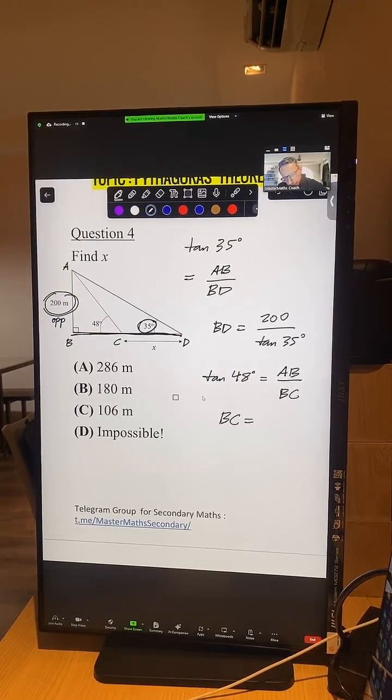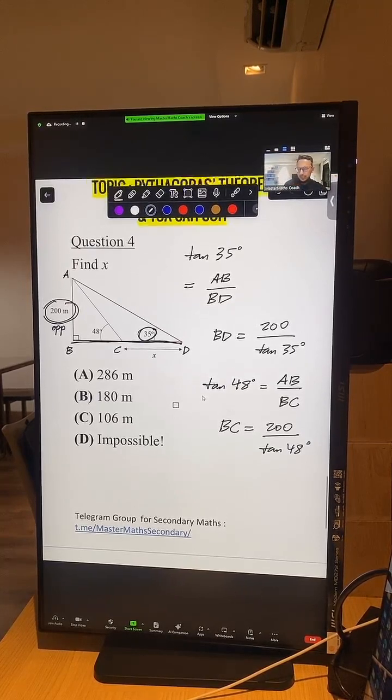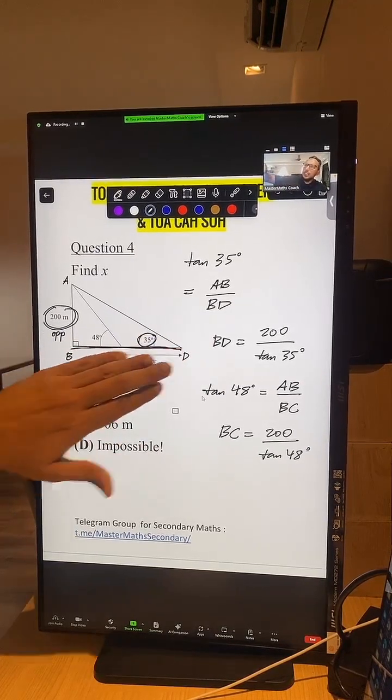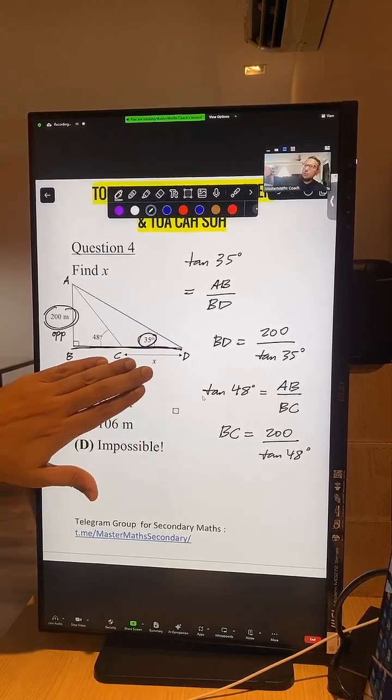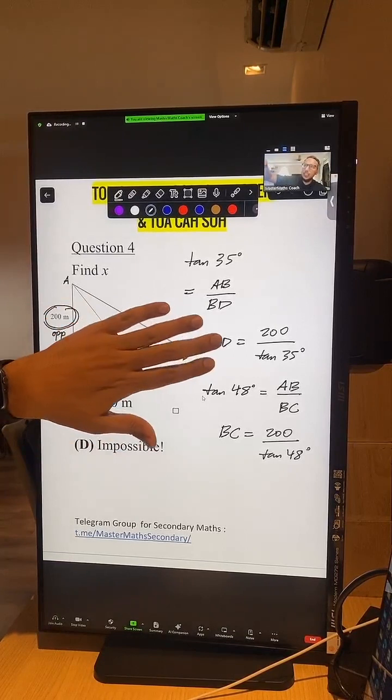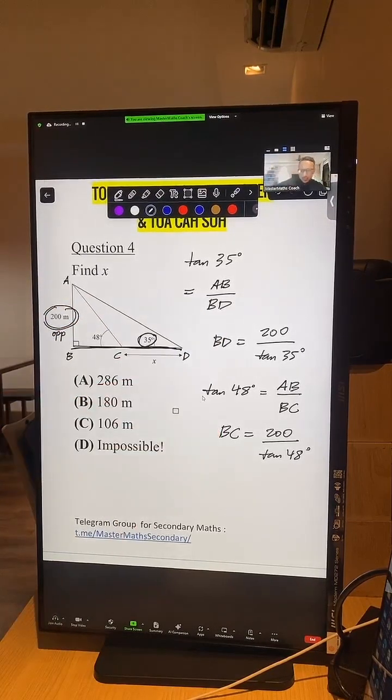So BC will be 200 over tangent 48 degrees. Okay, very clear. So I find BD. After I find BD, I go and find BC. Now, to find X, I simply need to take BD minus BC. So X equals to BD minus BC.